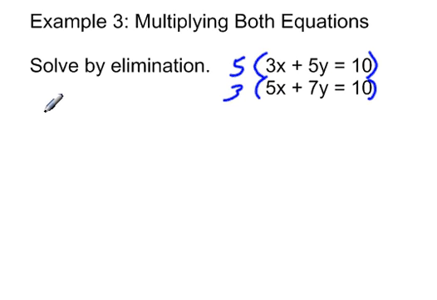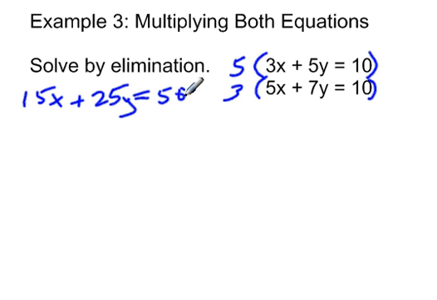I'm going to rewrite this over here. 5 times 3x is going to give me 15x. 5 times positive 5y is going to be 25y. And then 5 times 10 is going to give me 50.